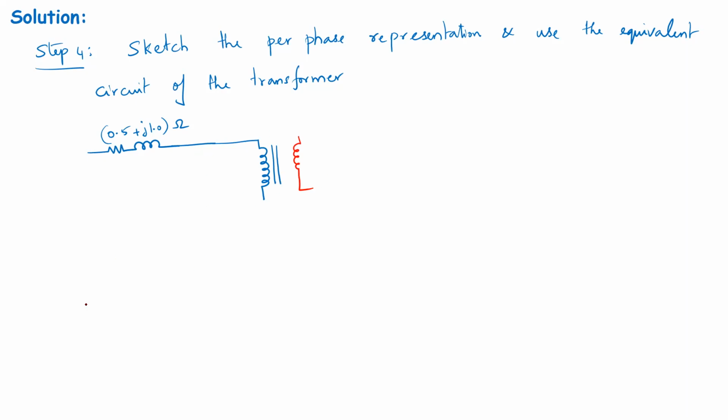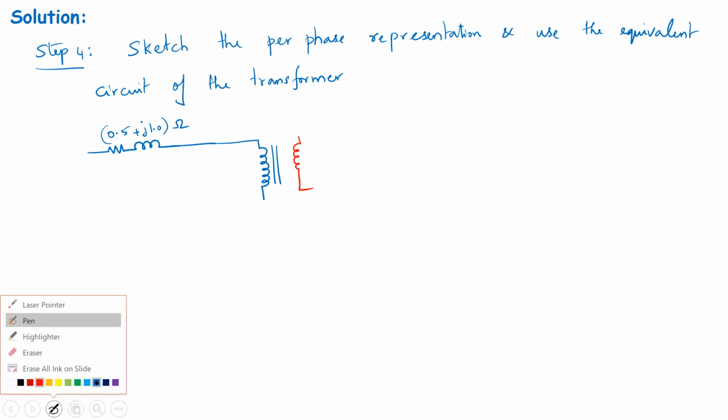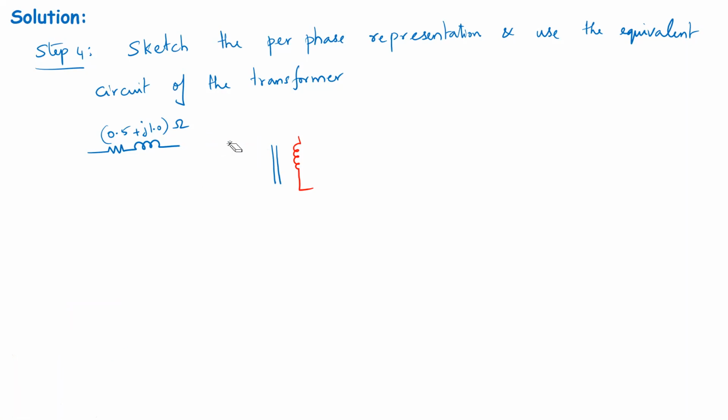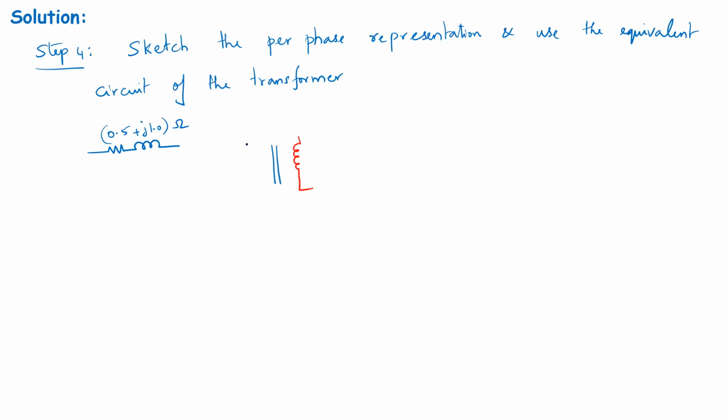But now since we want to include the equivalent circuit model, the equivalent circuit model of the transformer is another impedance.